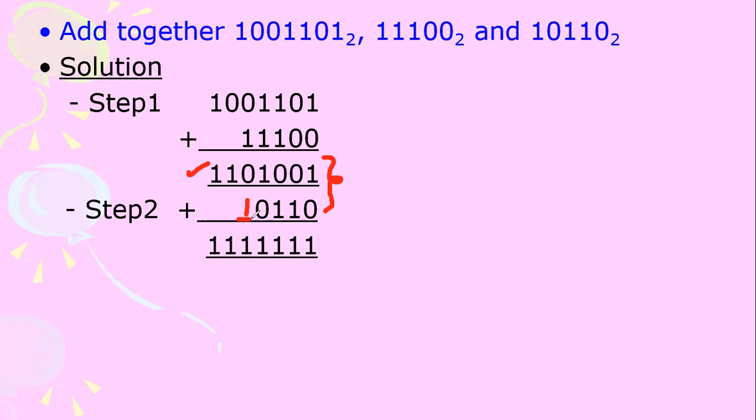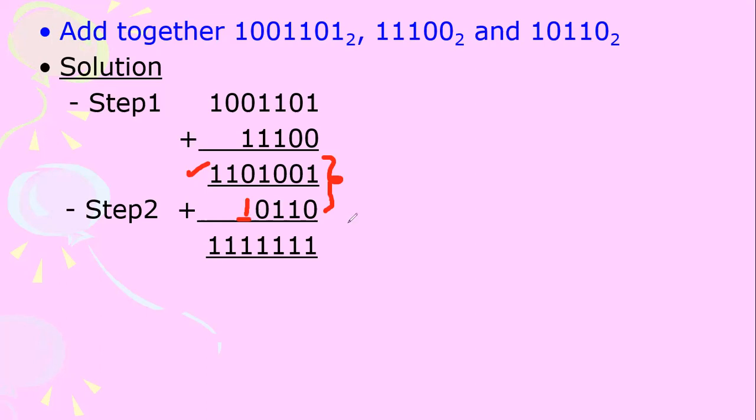And therefore, as you move on with the steps of addition, always note that the number you are adding at the next step is the right number. And therefore, let's now proceed with our step 2.